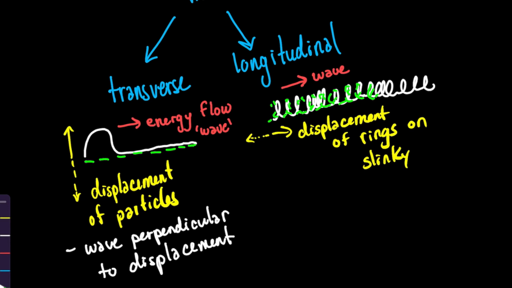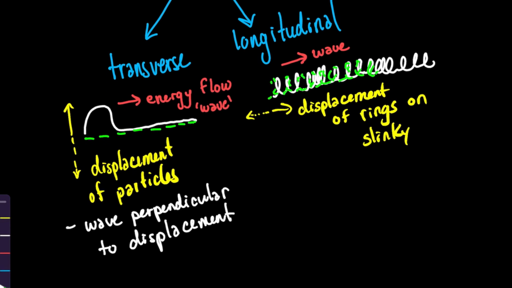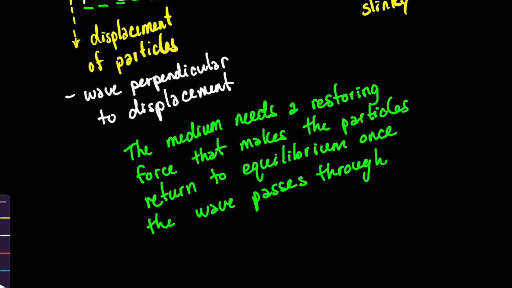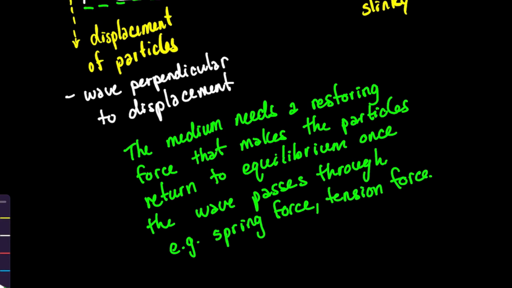So the requirement that we're going to have in the medium is that it has a restoring force, which just means that the particles, once they are displaced, they want to go back towards the equilibrium line. So the medium needs a restoring force that makes the particles return to equilibrium once the wave passes through. An example of this restoring force is going to be the spring force or the tension force.